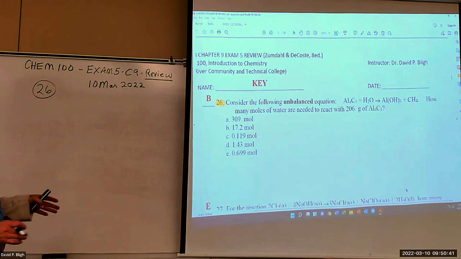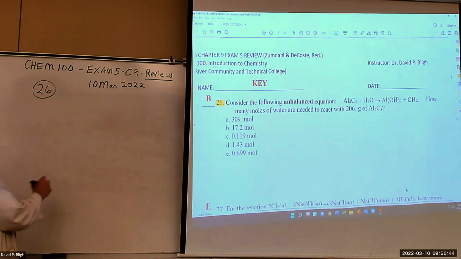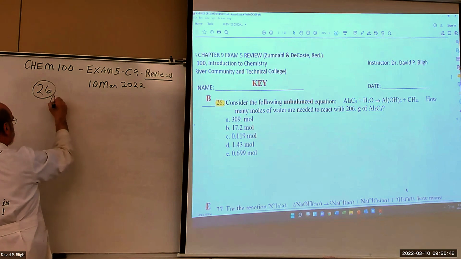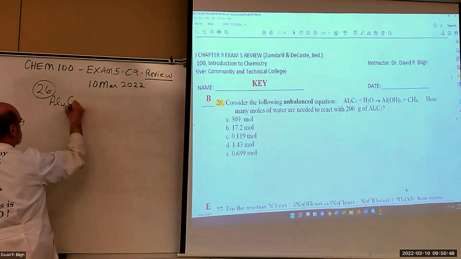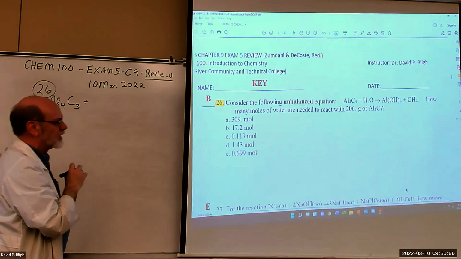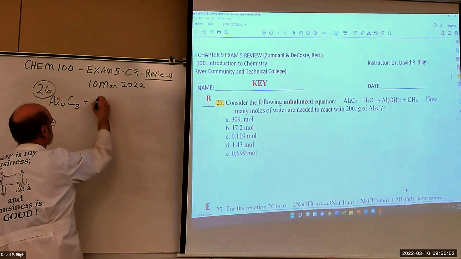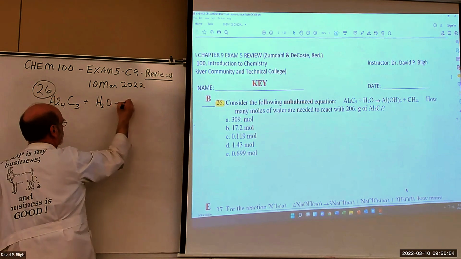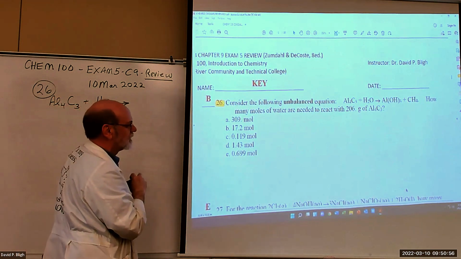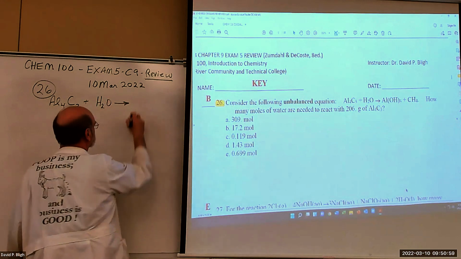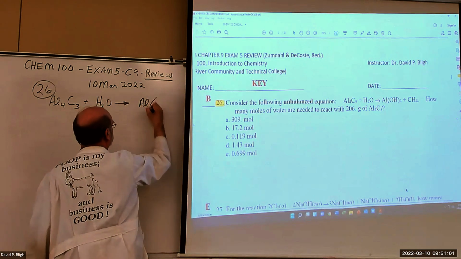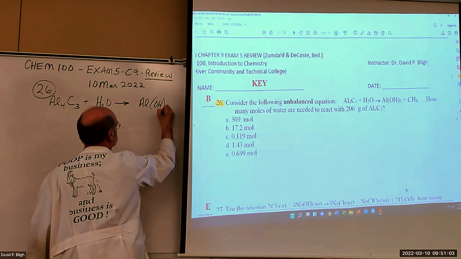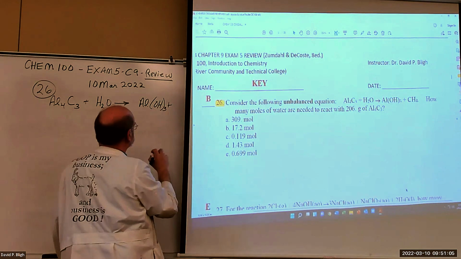Okay, so we need a balanced equation. Al4C3. Al4C3 plus water yields Al(OH)3 plus methane.